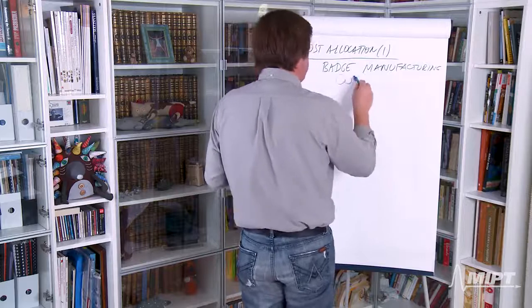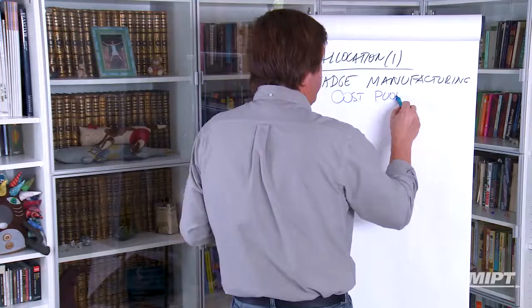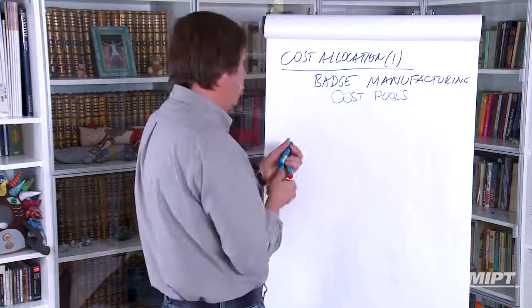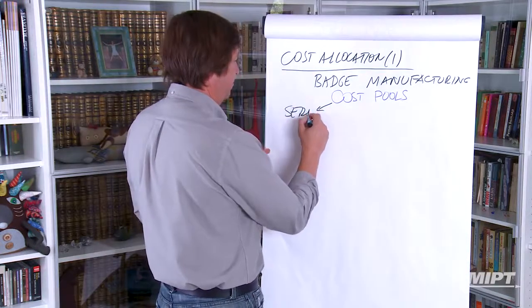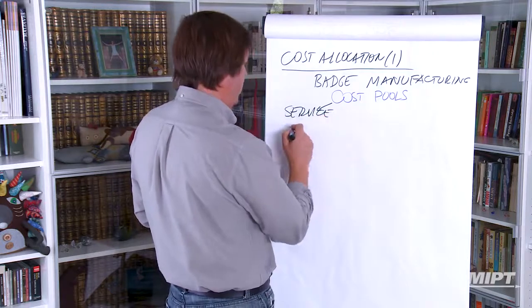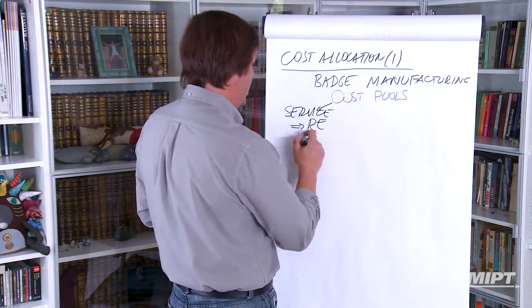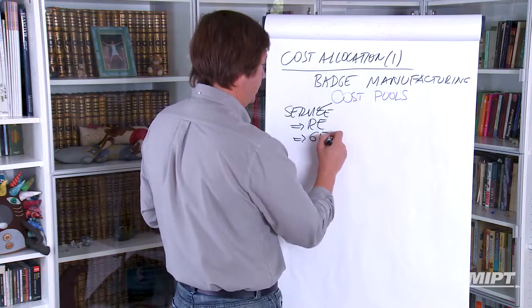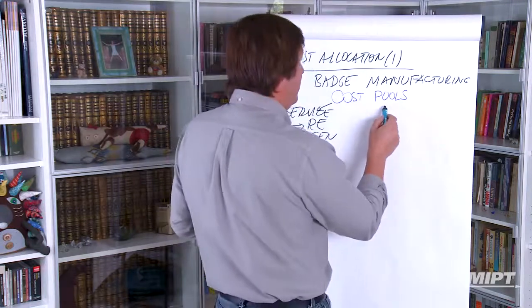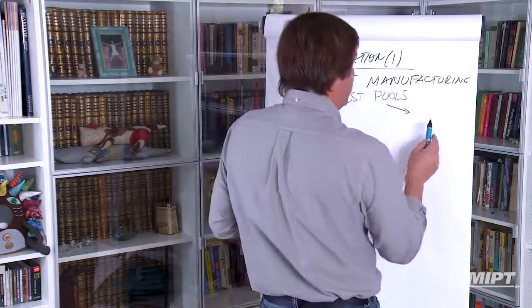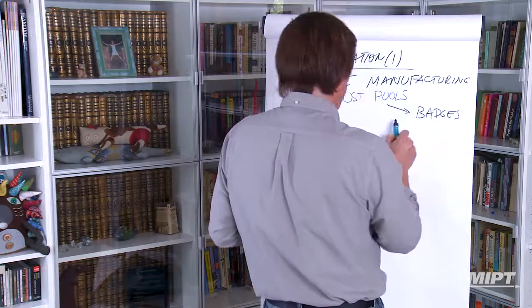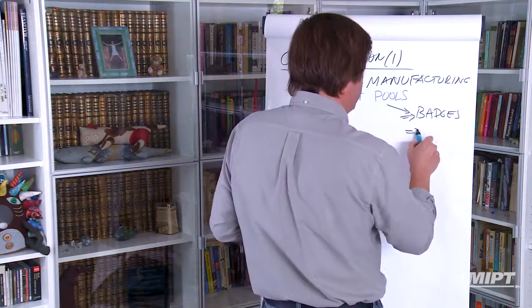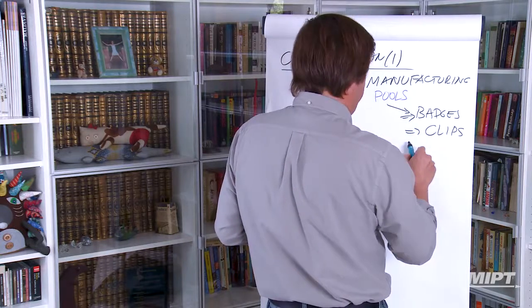So these are cost pools. 2 service pools, and these include real estate and then general. And then 3 product pools. And these are badges themselves, the body. Then this is clips, and then assembly.